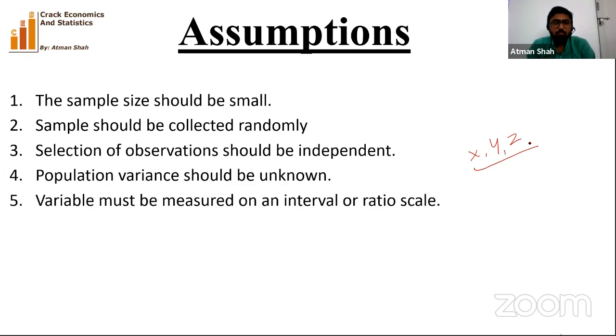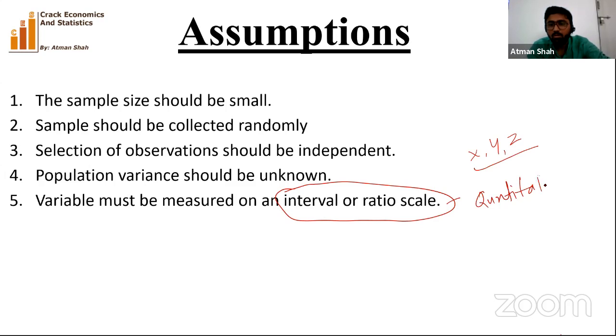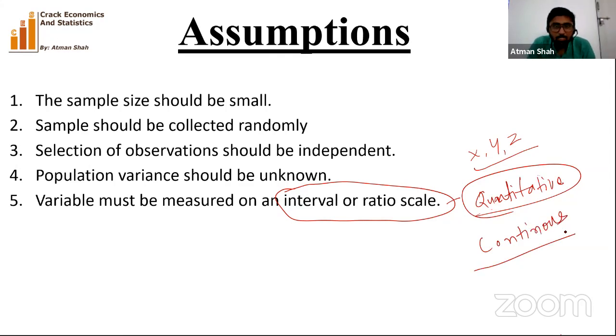Fifth, the variable must be measured on an interval or ratio scale. This means that we should have a quantitative variable or continuous variable.